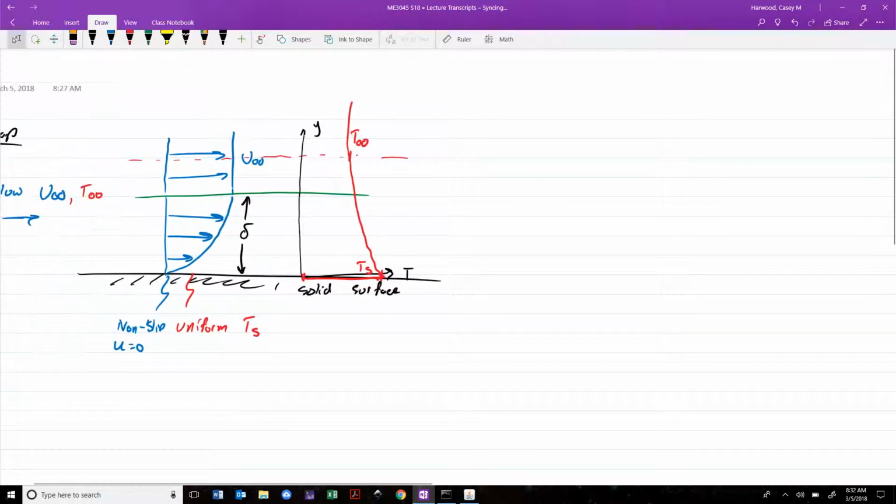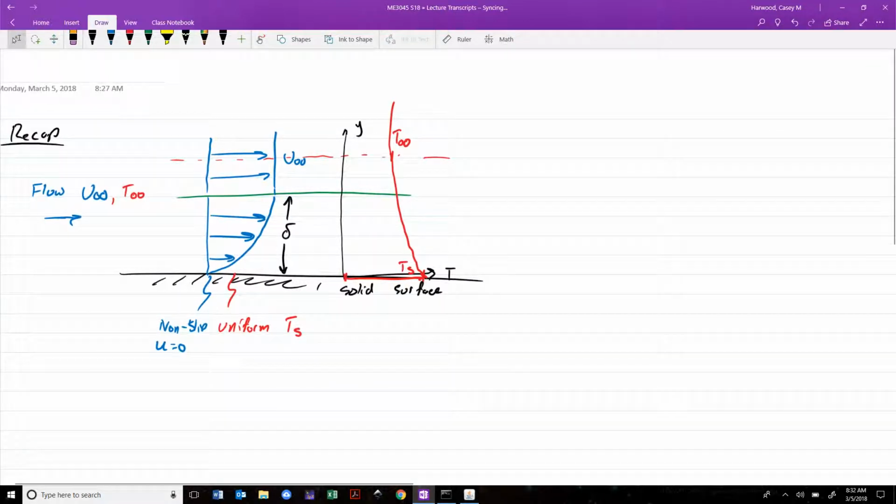Inside of that boundary layer and outside of the boundary layer, it's uniform. So this thickness of the thermal boundary layer we call delta T, where that T subscript tells us that we're talking about the thermal quantities.